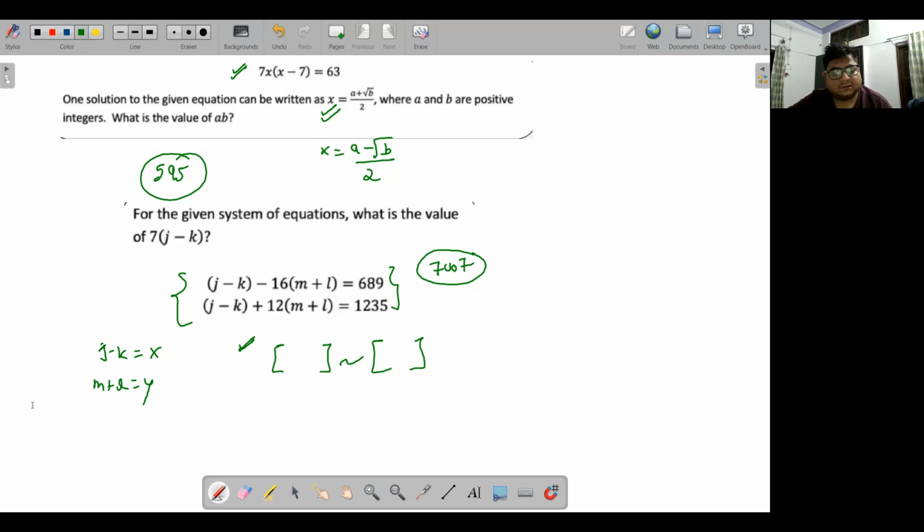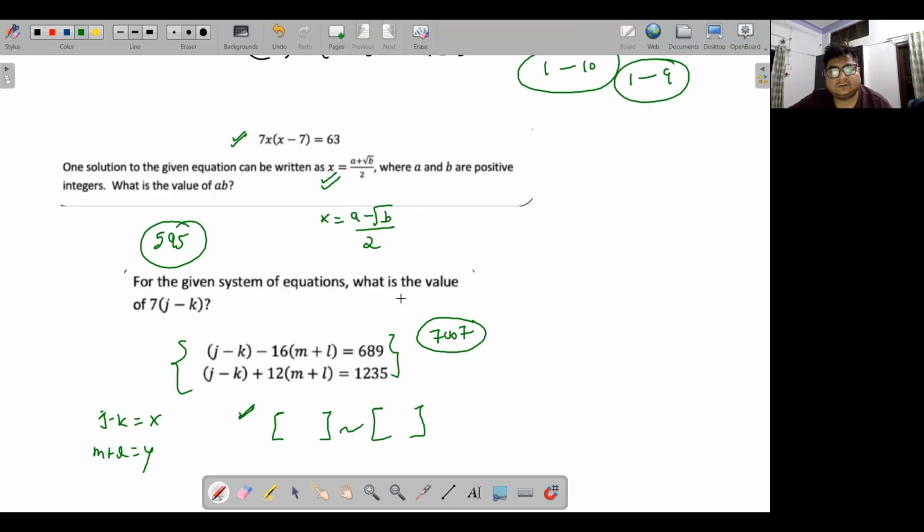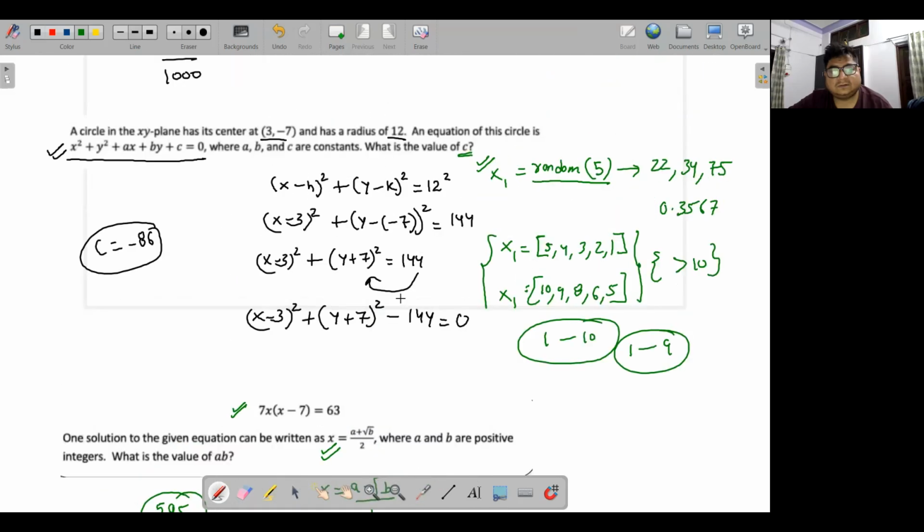Okay. Meghna asks how we get 86. So have you understood that the first equation is already written, x² + y² + ax + by + c = 0, and we get the second equation from the given information.